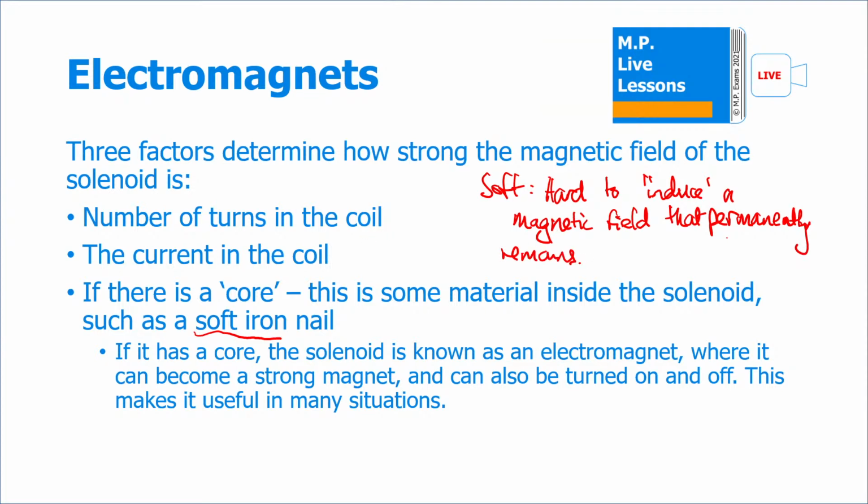In other words, if we didn't use soft iron and we turned on the electromagnet, when we turn the electromagnet off, there would still be a magnetic field because that iron would become an induced magnet.